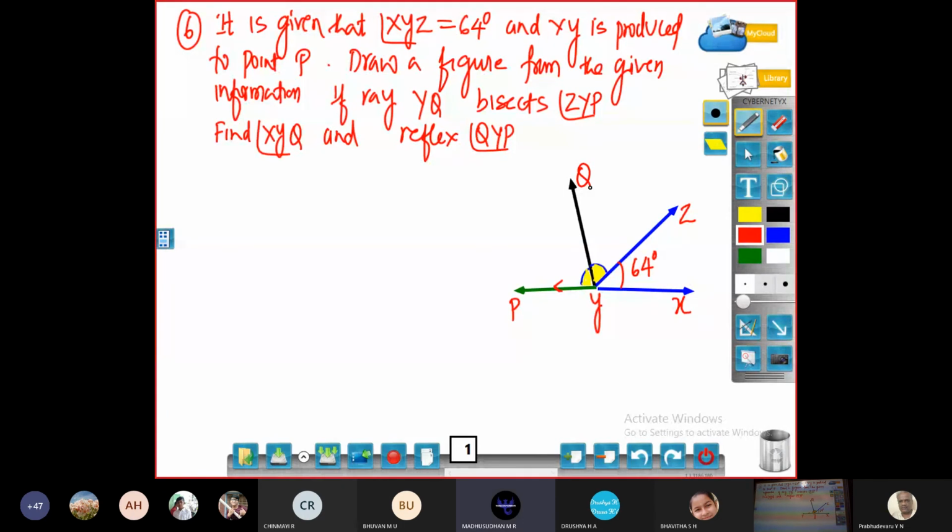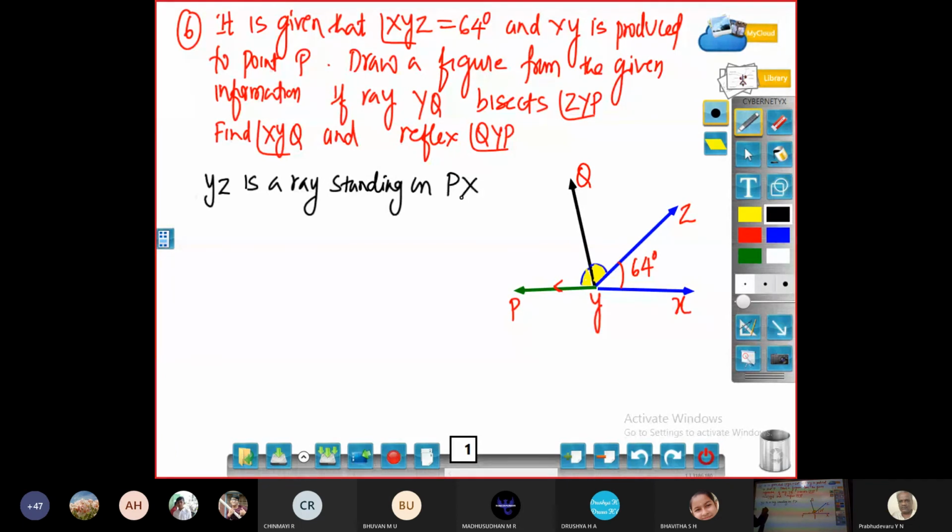Sir, first we have to find angle ZYP, then we have to bisect it. Yes. How to find ZYP? XP is a straight line, and YZ is a ray standing on PX.